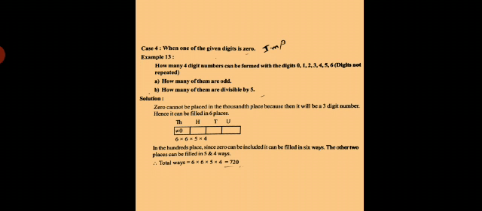That means out of the remaining 6 digits, any one digit can be filled in the thousands place, so that it forms a 4-digit number. For example, if you write 0, 1, 2, it becomes 12, not 112. The 0 is in the hundreds place, but it is considered as 0 only. 1 is in the tens place, 2 is in the units place.